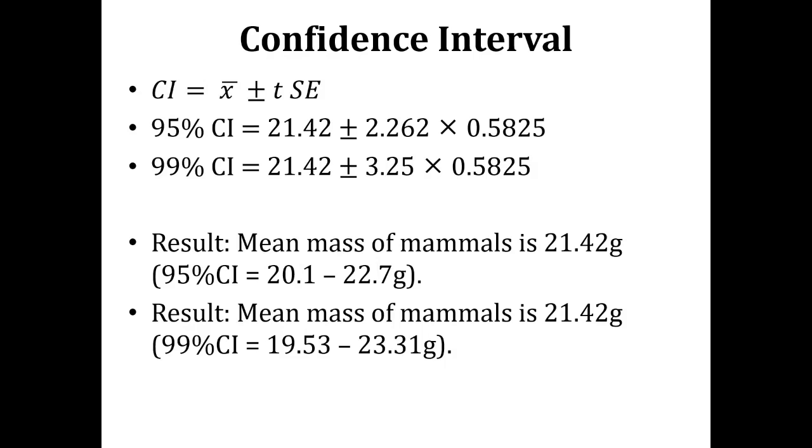Therefore, we calculate an interval in which the population mean is expected to lie. And that interval in which the population mean is expected to lie is known as the confidence interval.